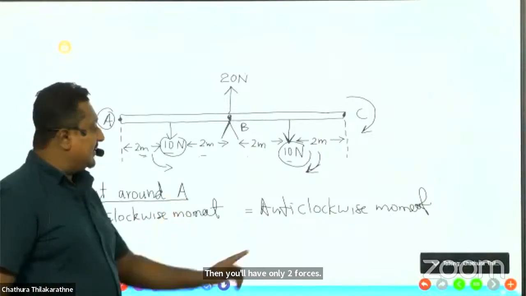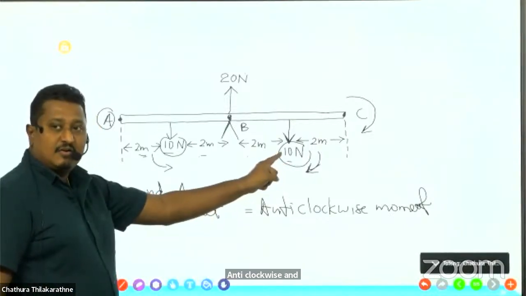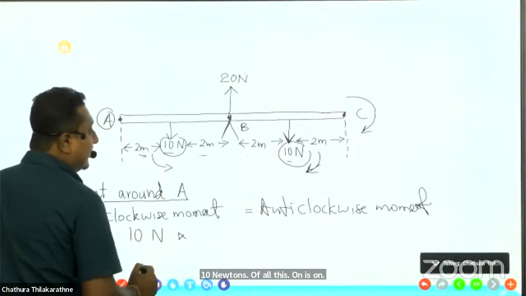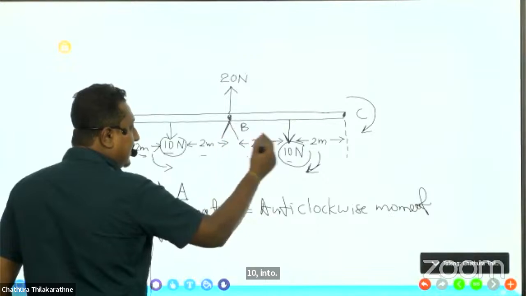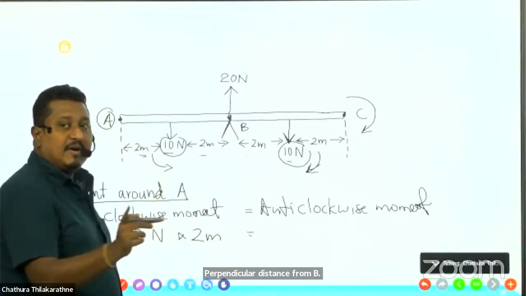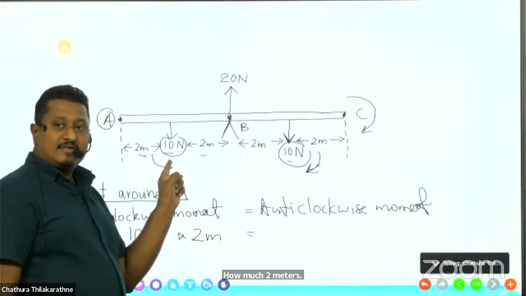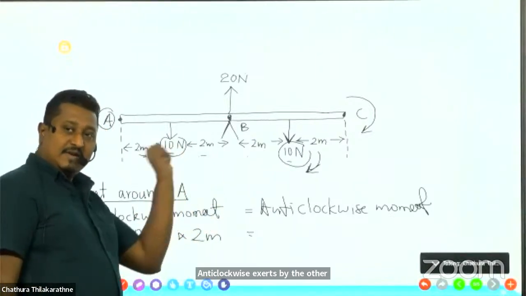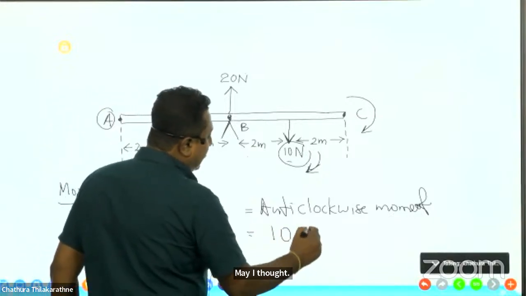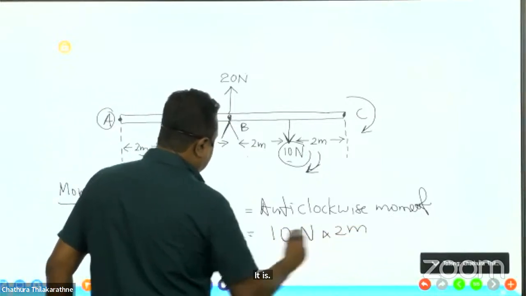Clockwise force is given by this 10 newtons of force. 10 into perpendicular distance from B. How much? 2 meters. Anti-clockwise moment exerts by the other 10 newtons. Opposite. May I balance? It is also 10 newtons into 2 meters. See that?